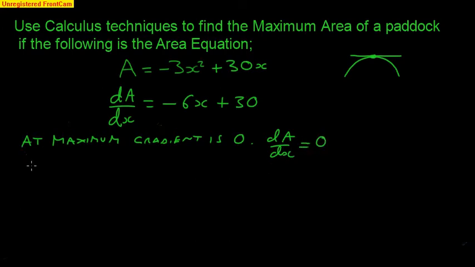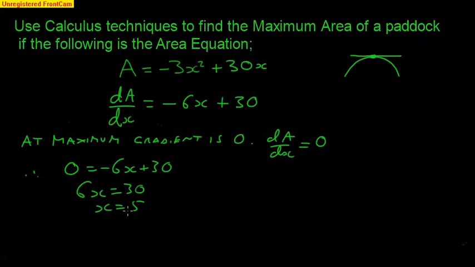You must put that statement in. Therefore, we have 0 equals negative 6x plus 30, and we have to solve this to find what x is. Well, to do that, I would add 6x to both sides, and I would get that 6x equals 30, divide both sides by 6, and I get x equals 5.